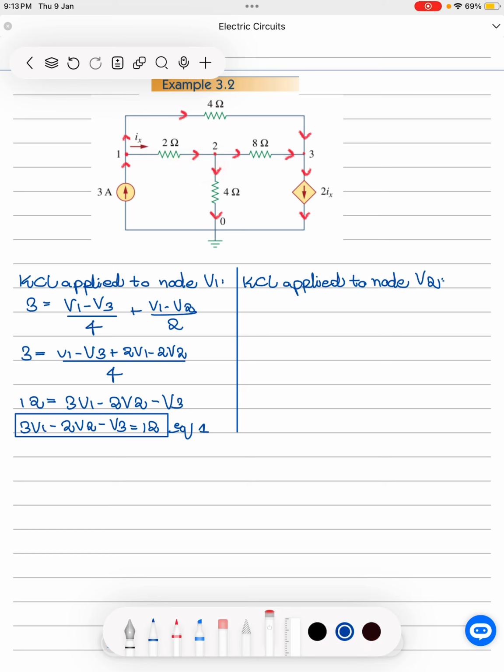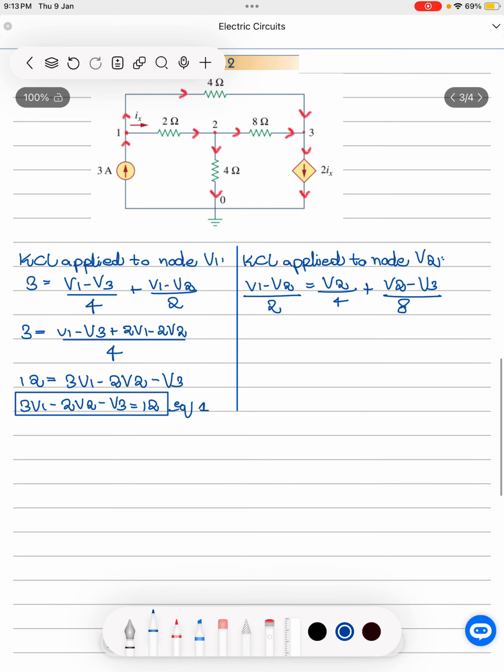So the current entering is (V1 minus V2)/2, and the current which is leaving is V2/4, and then (V2 minus V3)/8. Hope that's clear as well.